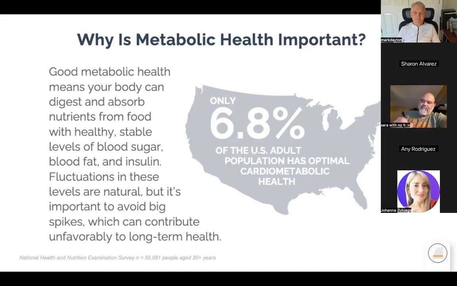Having cardiometabolic health means that our body can digest and absorb our nutrients, and this would be in stable levels, both in our blood sugar and our blood fat, which includes our cholesterols, triglycerides, which we're going to go into, and even our insulin. We want to have some fluctuations. That's going to happen naturally, but when we have spikes, that can create some long-term issues. And that's why, again, it's the cardio side and the metabolic side.